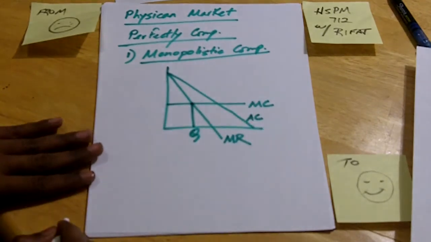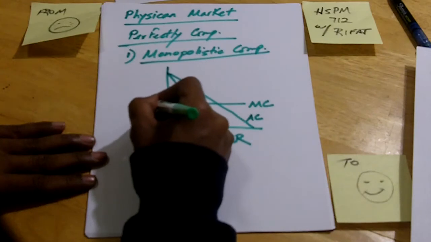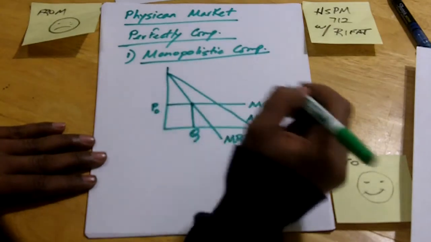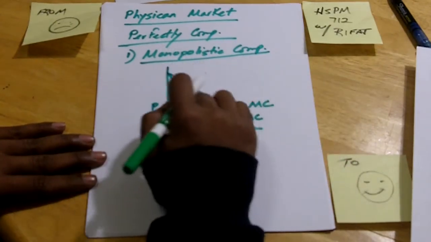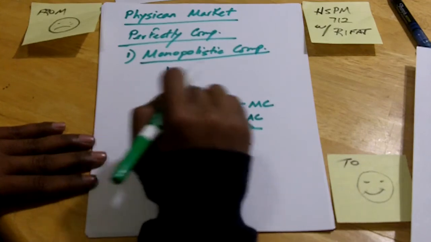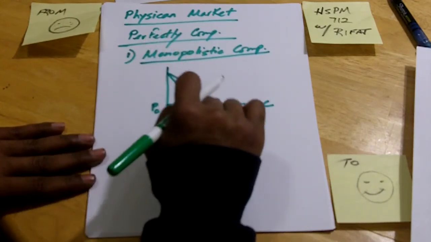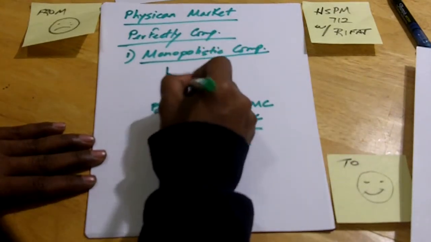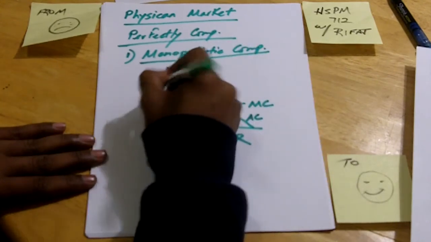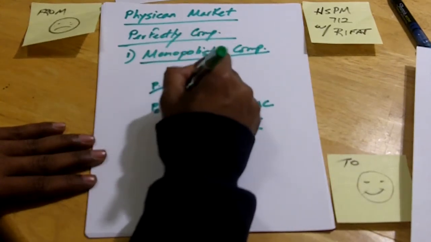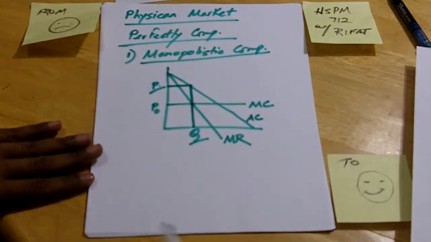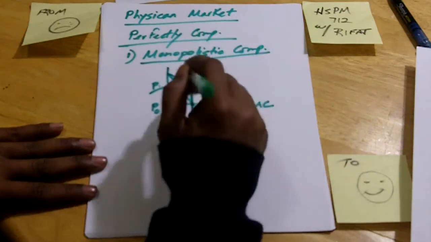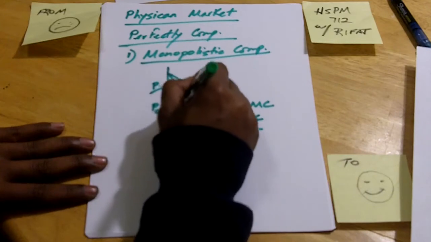The physician is producing this quantity at this marginal cost, say P0, and this is the cost of producing. They are not selling this quantity at this price. For the selling price, we have to go to the demand curve and find the price for this quantity. So this one is P and this one is Q. They are selling at price P. If we have to find the income of the physician, that is their total revenue.